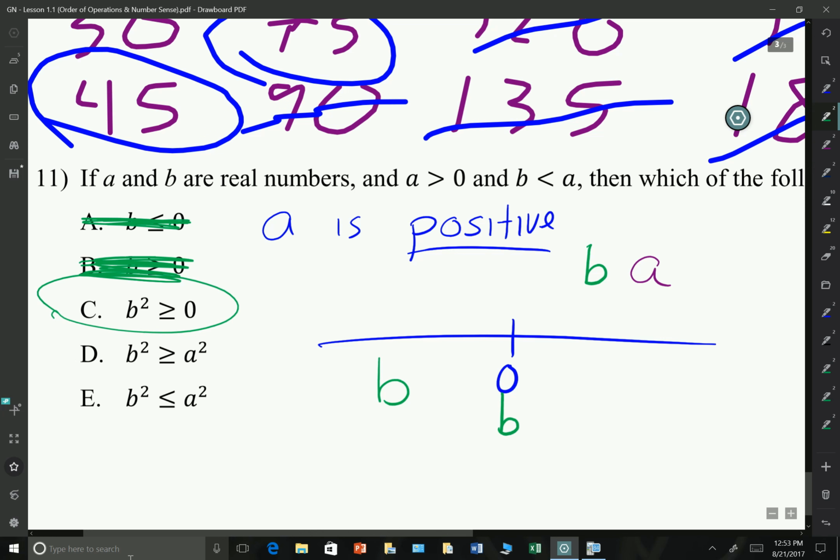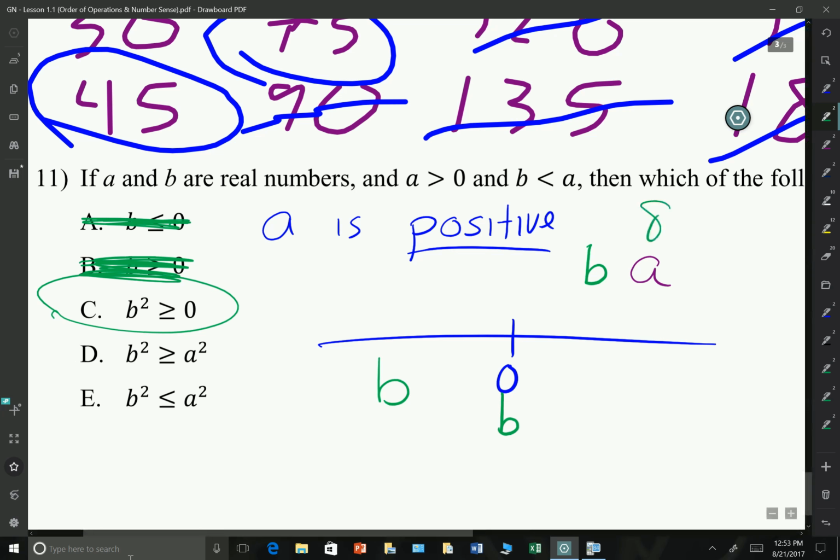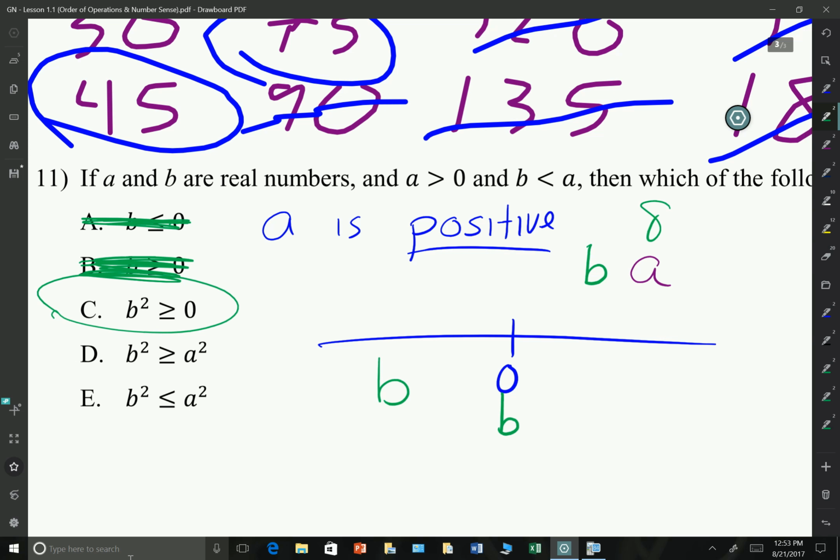I could try B squared greater than A squared. You just need to find an example where it's not. So Dominic, pick a number for A. What? 8? 8. Pick a number for B. 6.